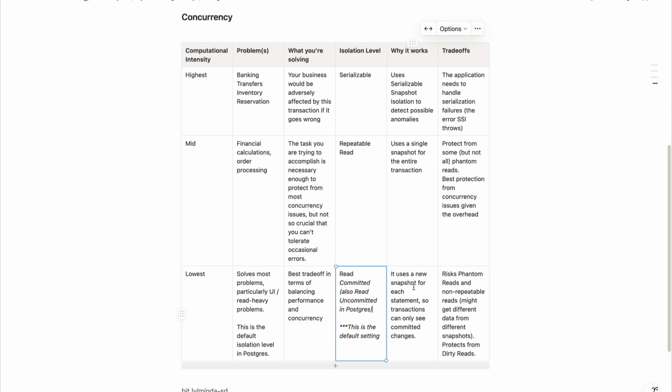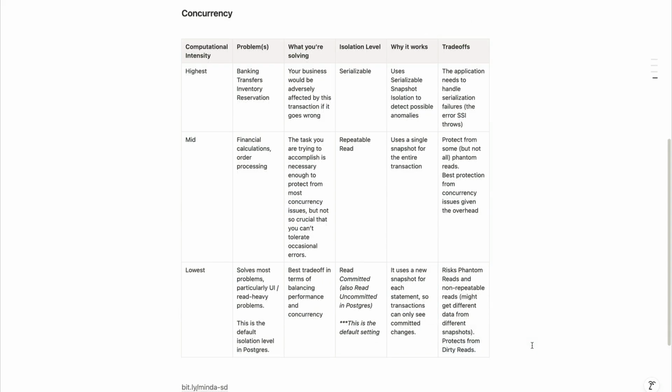So the important thing, the reason that you can use this for most problems, is that it does protect from what's called a dirty read. A dirty read is reading uncommitted data that could be rolled back.